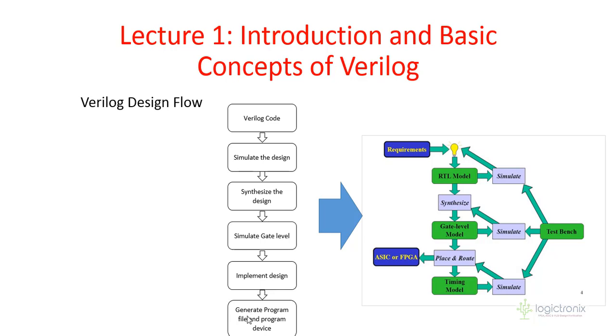The last option is optional. If we are talking about the FPGA design flow, we will follow generate program and programming device. But in VLSI design, we only do up to the implementation phase, so we just map the logic and the physical hardware.